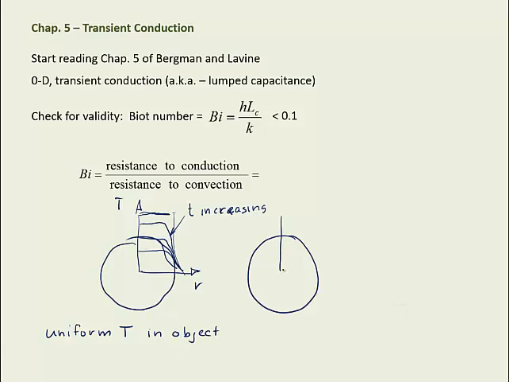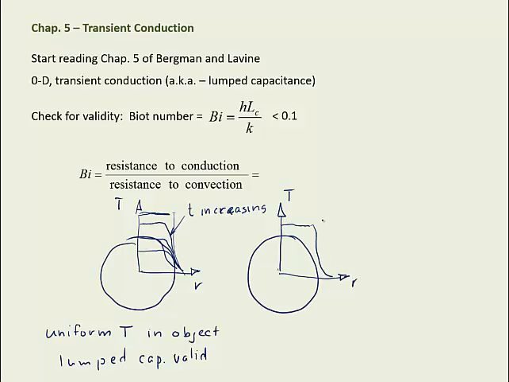So if I sketched in this other object, similar idea, temperature, and this is R. Initially I've got some pretty uniform temperature throughout, and it drops off outside the sphere.